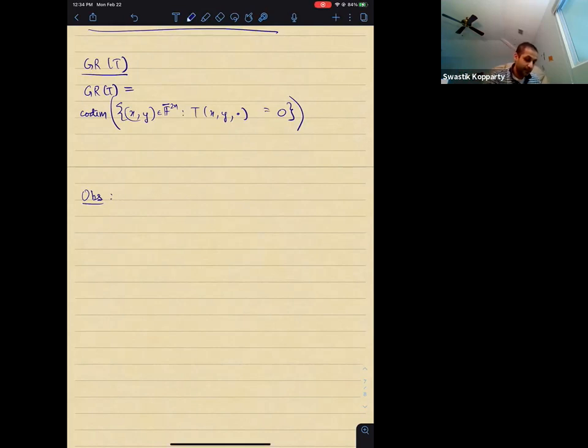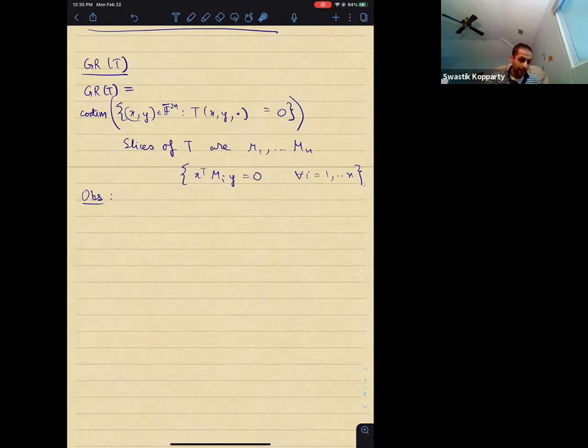So just very explicitly, let me write it out. If the slices of T are M1 up to Mn, then we're looking at a variety of the form x transpose Mi y equals 0 for all i going from 1 up to n. We have a whole bunch of bilinear equations in x and y. This defines some variety.